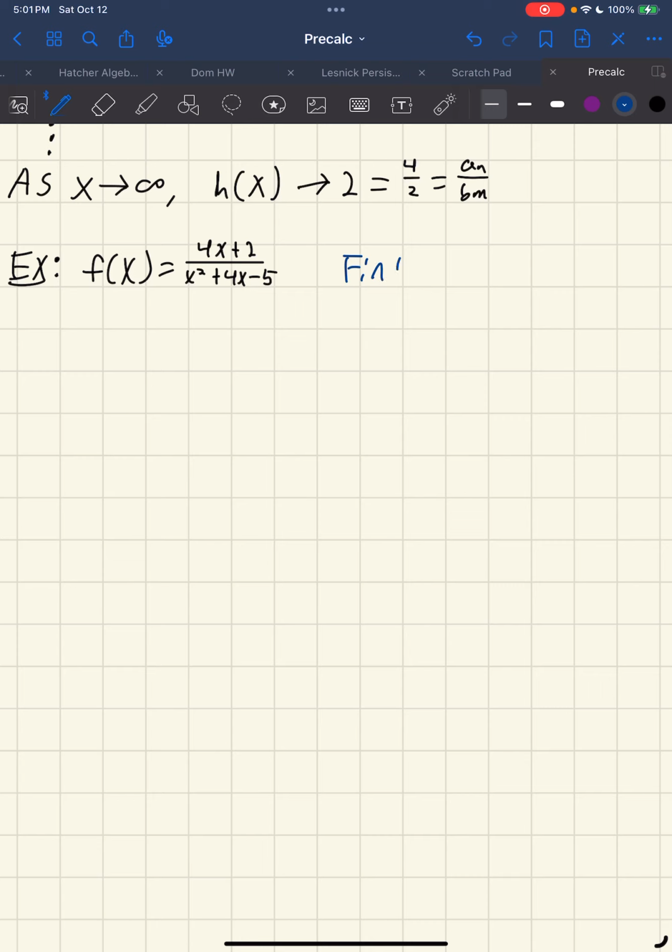Find asymptotes, horizontal and vertical. Let's do vertical first. Well, again, all we care about with the vertical asymptotes is, when is the bottom going to be 0? All we care about. So that's exactly what we'll do. Set this guy equal to 0, solve for x.